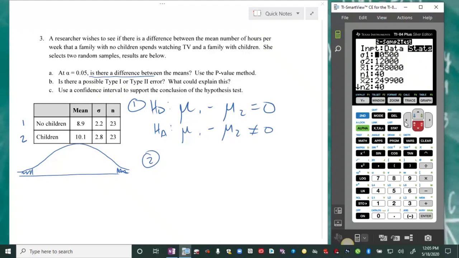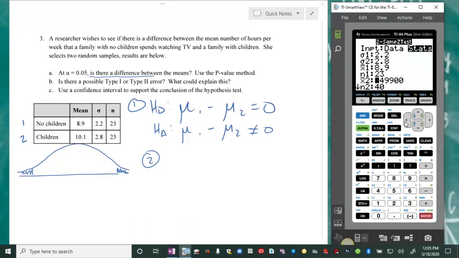Starting with the first, population standard deviation 1 is going to be 2.2. Standard deviation 2 is 2.8. The first sample mean is 8.9 hours a week, and that's a sample size of 23.